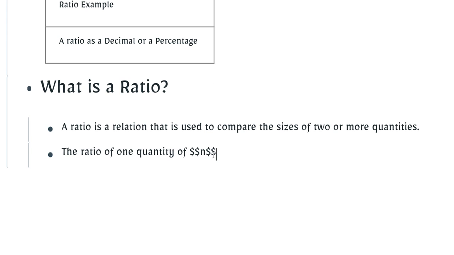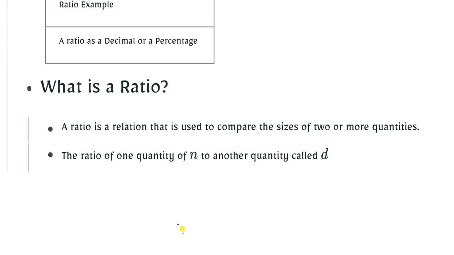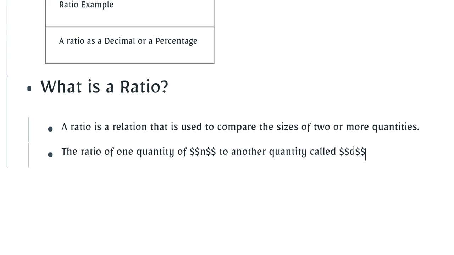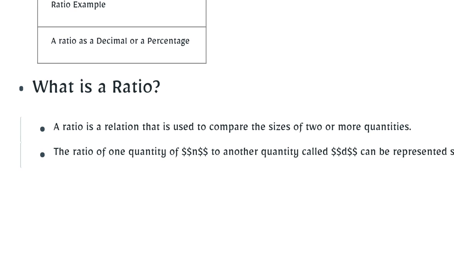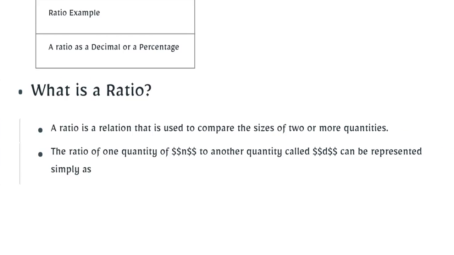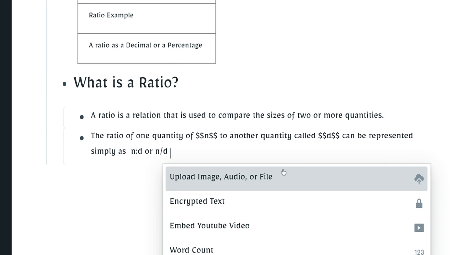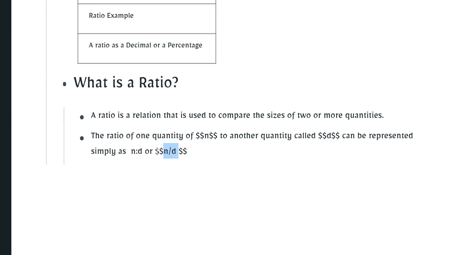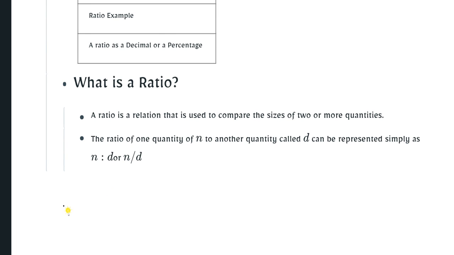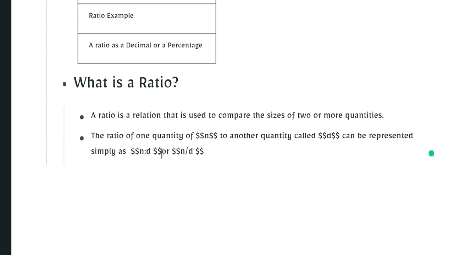So the ratio of one quantity, n, to another quantity, let's put another unknown variable, d, can be represented simply as n to d or n divided by d. There we go. All right, excellent.